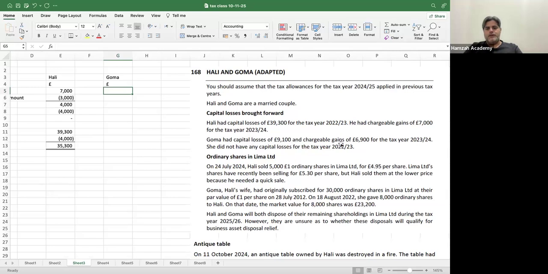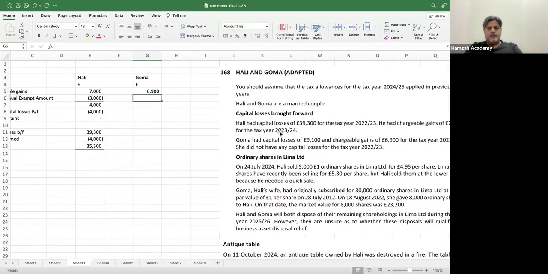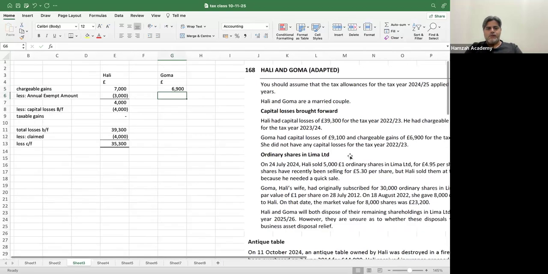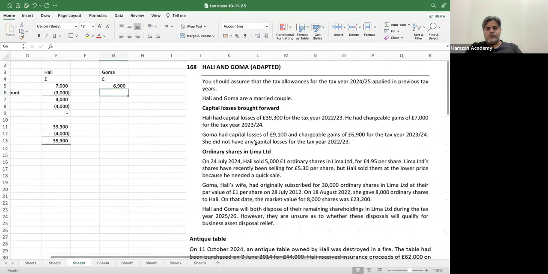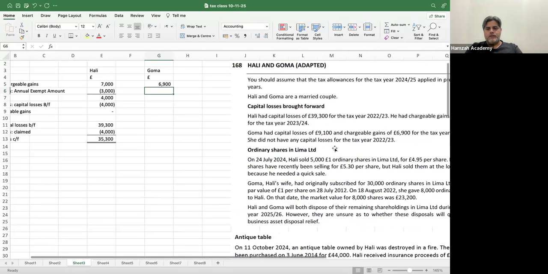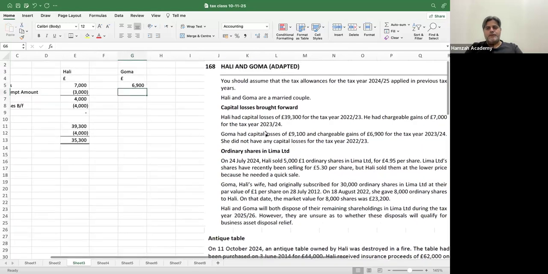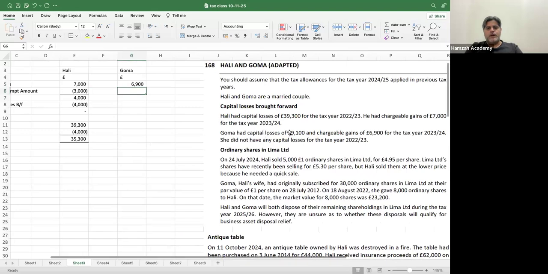Then for Goma, she had capital losses of 9,100 and chargeable gains of 6,900. She did not have any capital losses for the previous tax year, so in the current year she has a capital loss of 9,100.